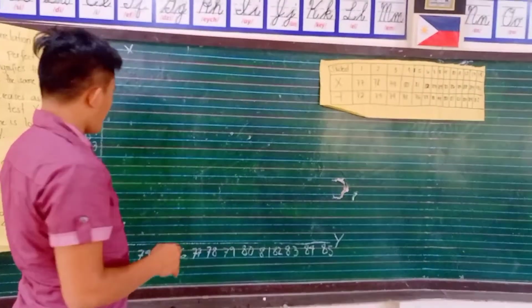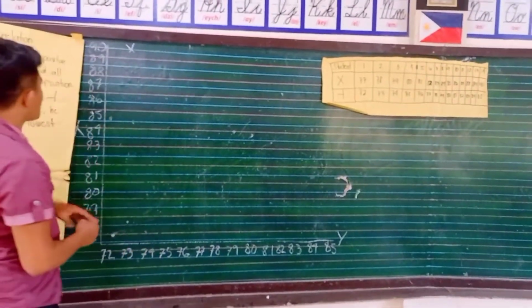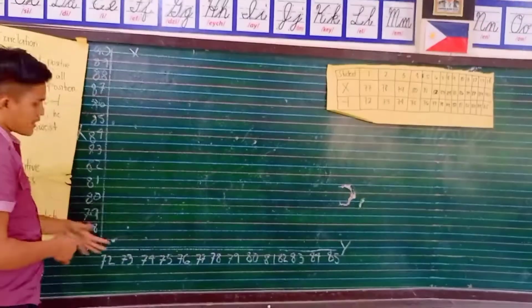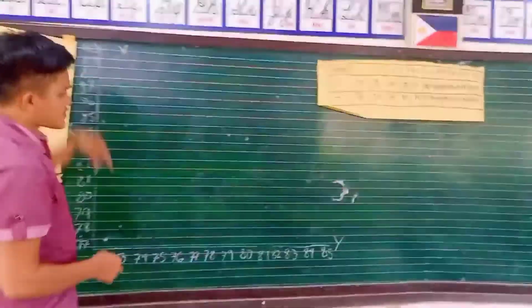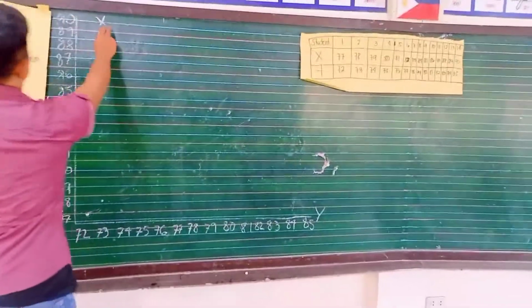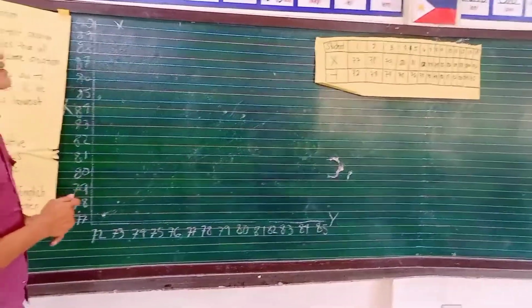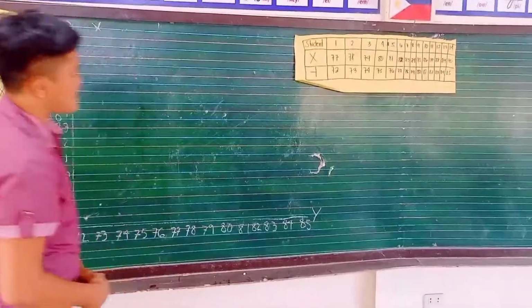So this is our graph. We have a number of points, which is the number of X and the number of Y. X represents the English subject, and Y represents the mathematics subject.